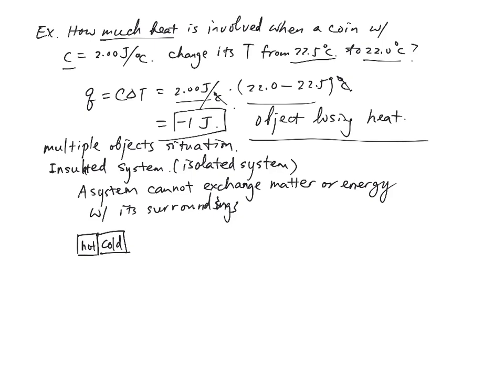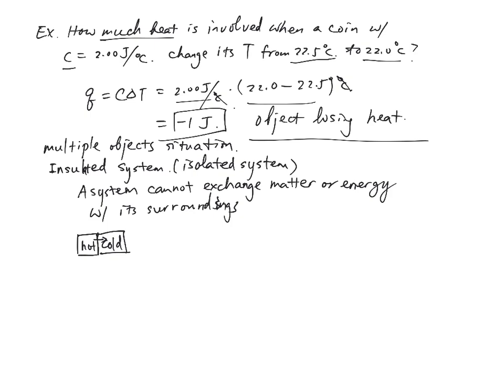Inside the mug, wherever the mug and the coffee are in touch, the hot coffee's heat is going to the cold mug, and it's going to increase the temperature of your mug. And then eventually the two are going to end up at the same temperature.